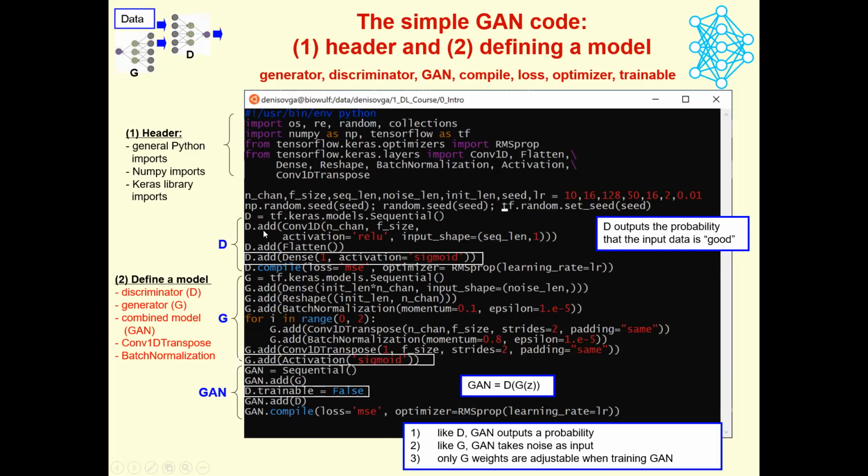We did not require here that the weights are frozen, and we compiled the discriminator. Compiled means we completed the model for the discriminator. So we did not require that the weights of the discriminator are frozen at the step when we train the discriminator itself. Does that answer your question?